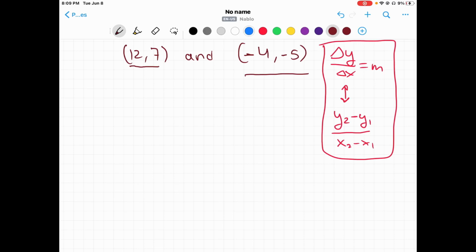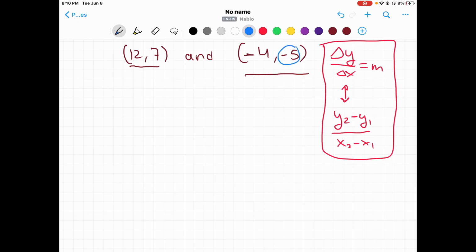And now it is important to know that -5 doesn't have to be y2. It can also be 7. It doesn't matter, but the clear way, the way most people understand, is that the second one provided is y2, so we're just going to go with that.